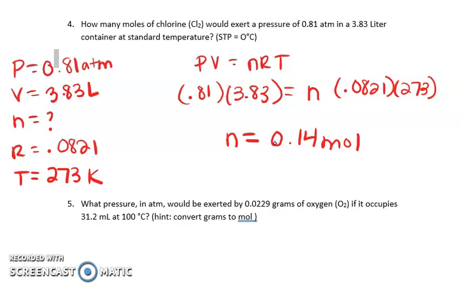So I have 0.14 moles in this container at a pressure of 0.81. The container is 3.83 liters at a temperature of 273 Kelvin. Moving on to number 5.